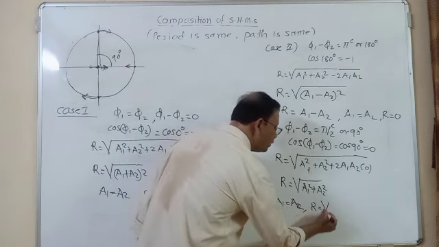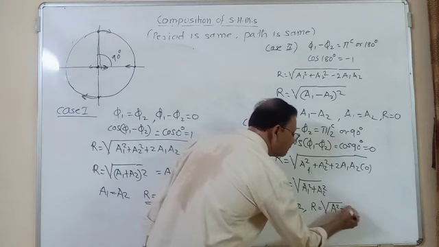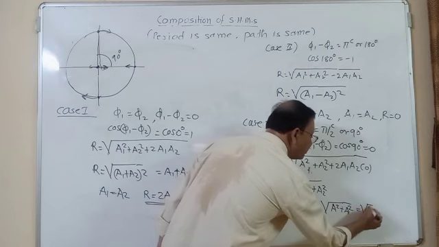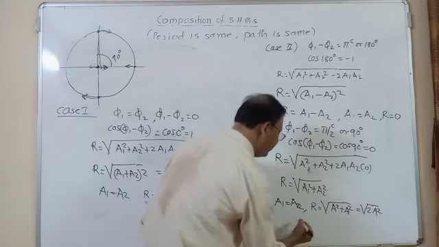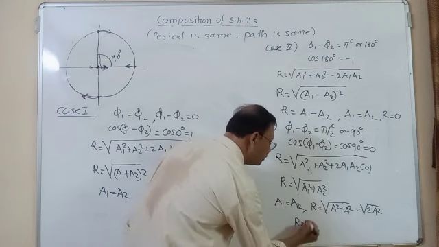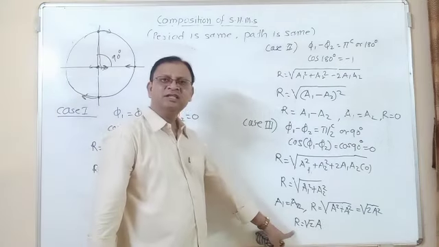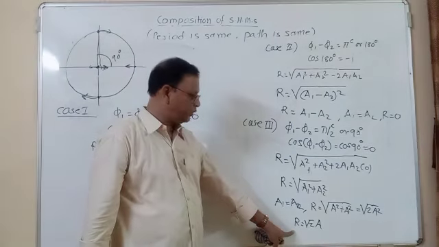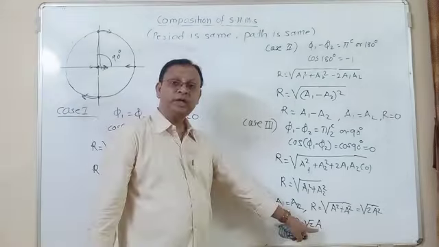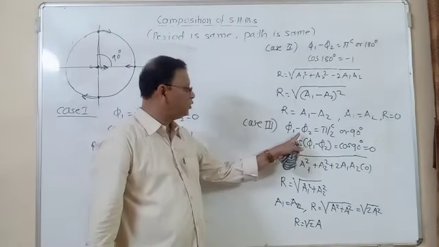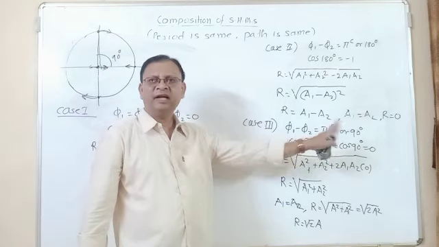R is equal to square root of A square plus A square is equal to square root of 2A square, and therefore R is equal to root 2 times A. If both the S.H.M.s have the same amplitude, that is A, then the resultant amplitude will be root 2A if the phase difference between the two simple harmonic motions is pi by 2 radian or 90 degree.